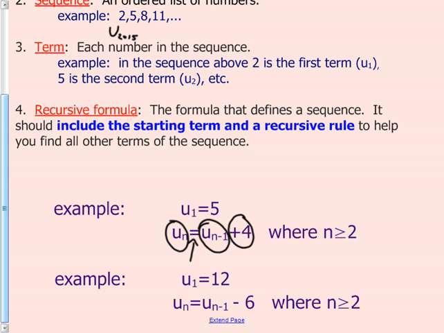It's not German or French or Swedish, but it's a different language saying your first term is 5. We're counting with 1 as the first of the terms. Then any term is given by the term in front of it plus 4.